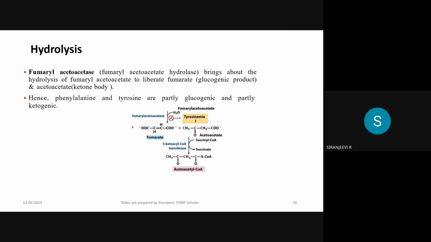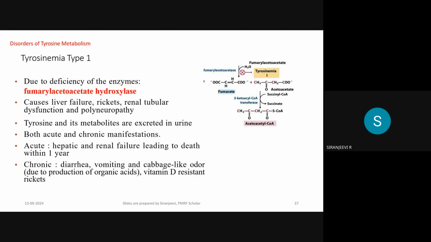This acetoacetate, in the presence of 3-ketoacyl CoA transferase and succinyl CoA, will be converted, with succinate released and acetoacetyl CoA formed. Hence phenylalanine and tyrosine are partially glucogenic and partially ketogenic, because both ketone bodies and glucose can be derived from their catabolism.